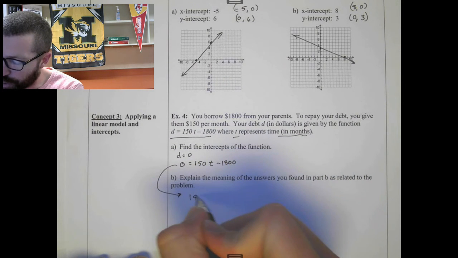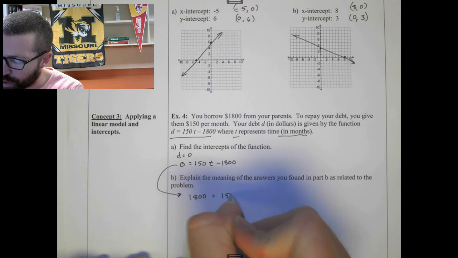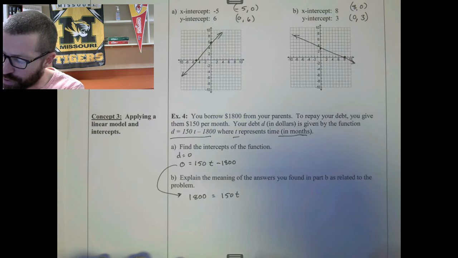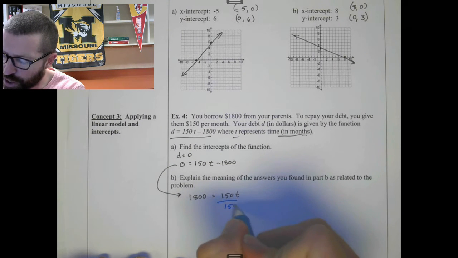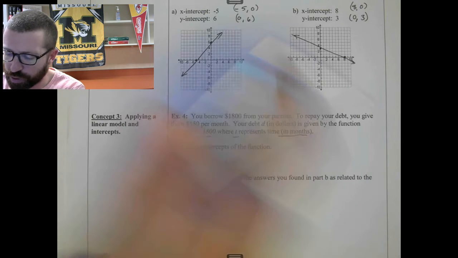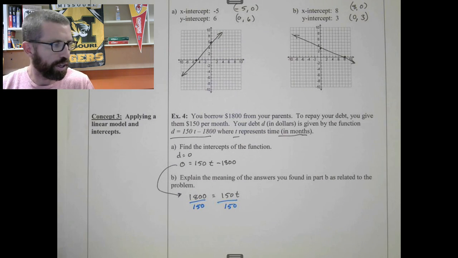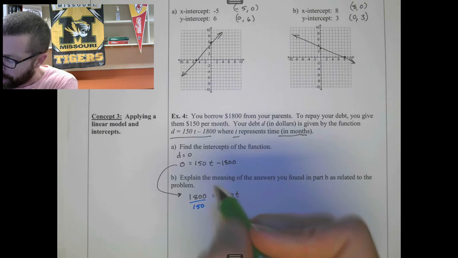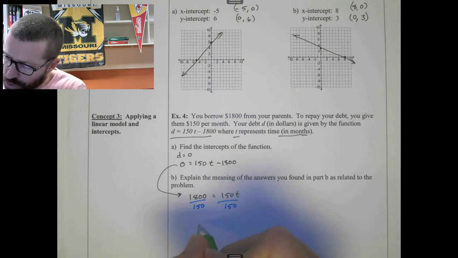Add 1,800 to both sides, and then divide by 150 to get T by itself. I'm going to type that in real quick. And so T is 12.